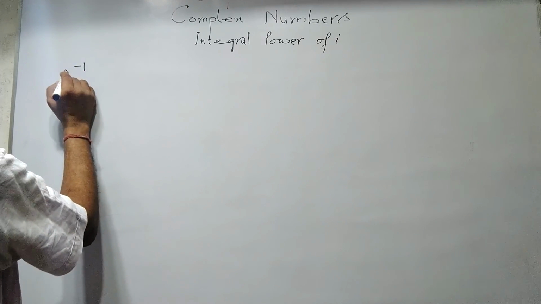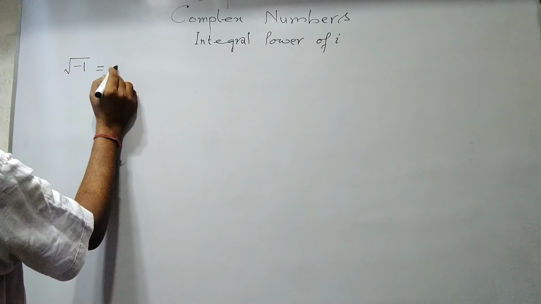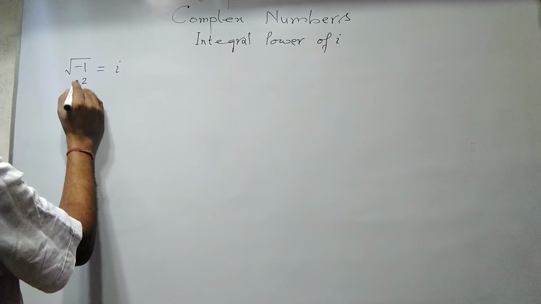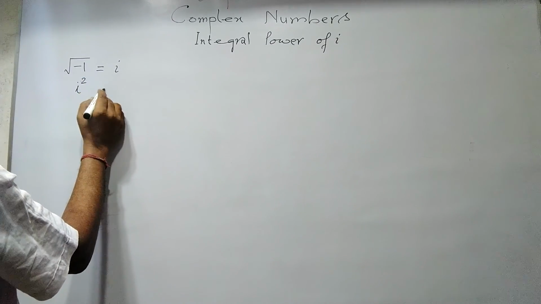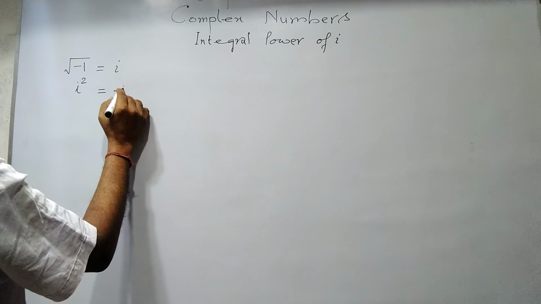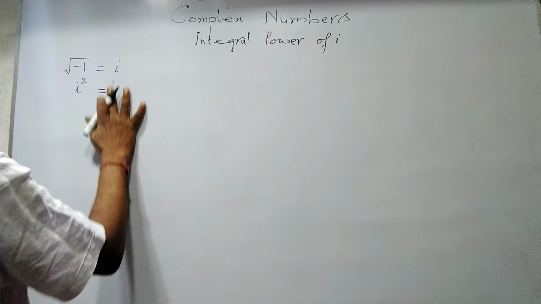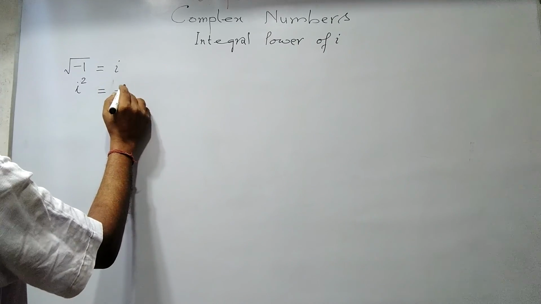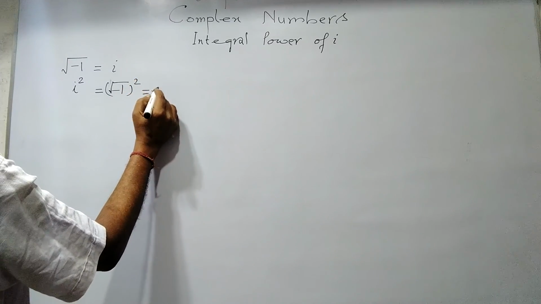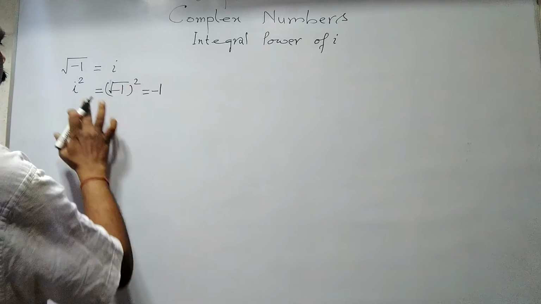Root under of minus 1 is i. If we square it, i square, then this is what? Root under minus 1 square, that is minus 1. Okay?